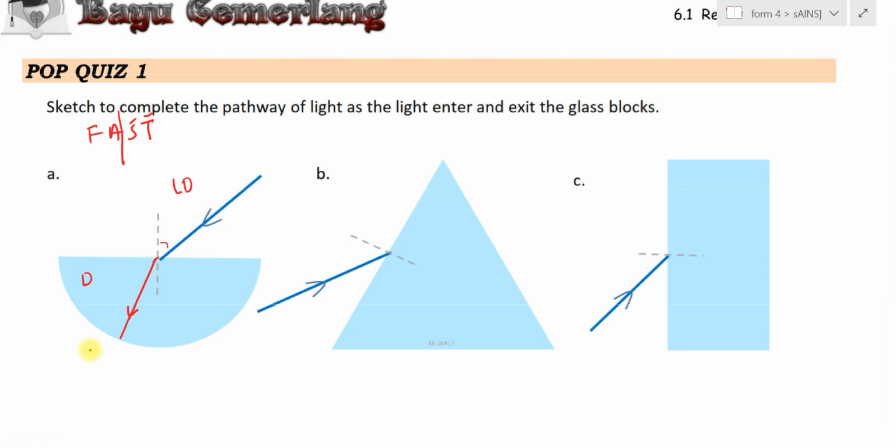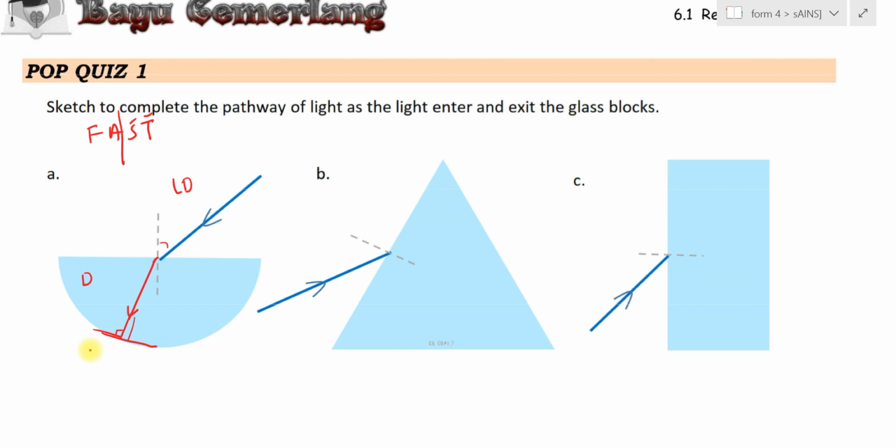Kalau macam ni, susah nak buat apa dia punya 90 degree lah. But we take this as a tangent. So this will be the 90 degree. Kita kena buat garisan tangent sebab dia lengkung. Jadi 90 degree untuk line ni dia memang macam ni.